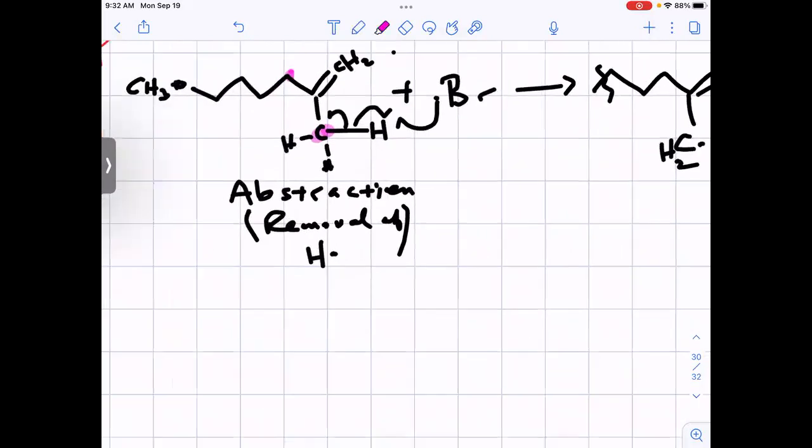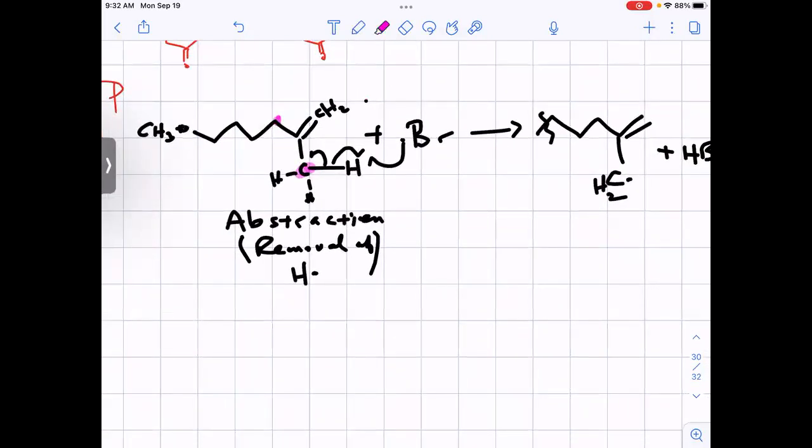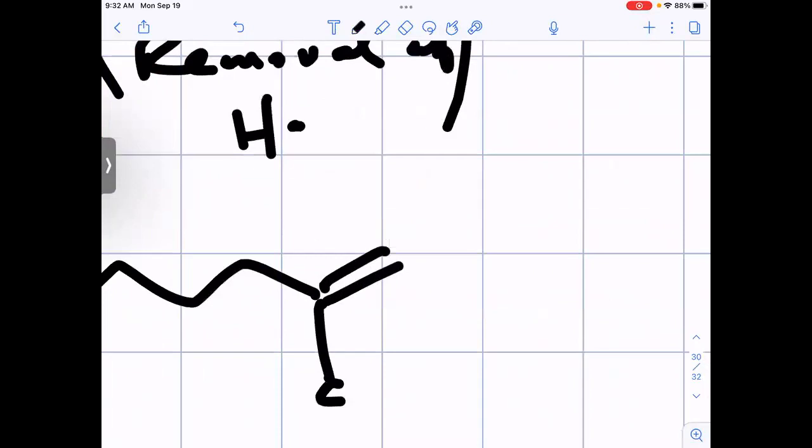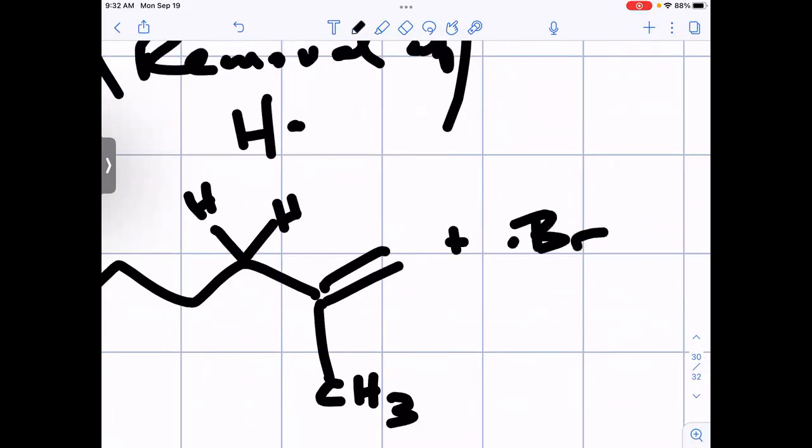Let's show that in another propagation step. I'm just going to abbreviate this again. This CH3 down here doesn't get touched this time, so I'm going to leave that. It's these hydrogens right here that are going to be abstracted. And it's the same process. Exact same process.